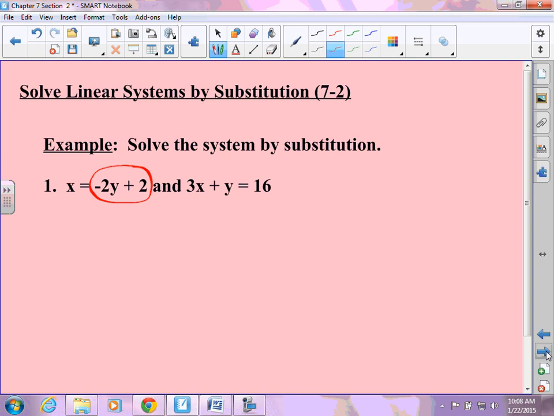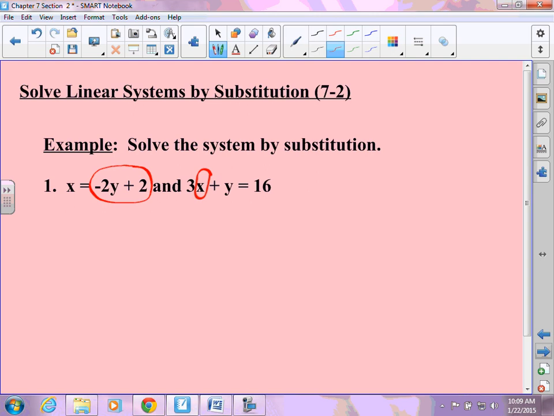Because it says x equals, you're going to circle the x in the other equation. If I said y equals, I would circle the y. But I didn't say that. I said x equals, so I'm going to circle the x. Okay, so far we're okay?